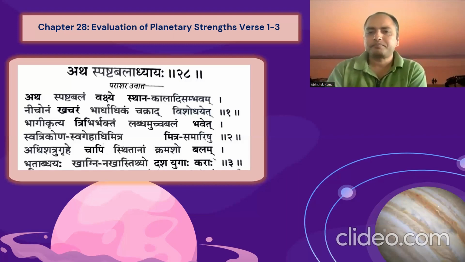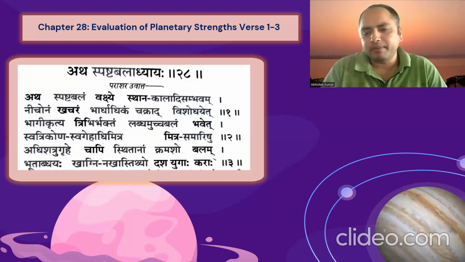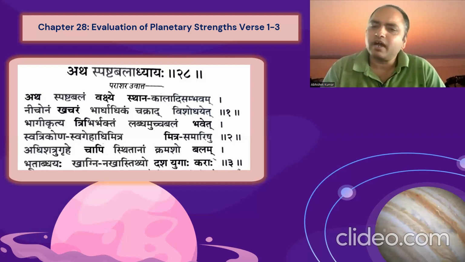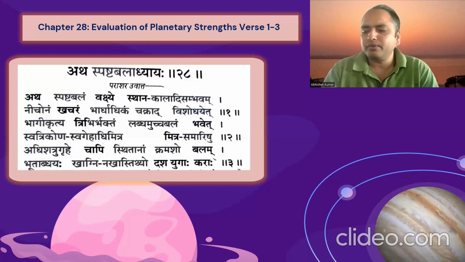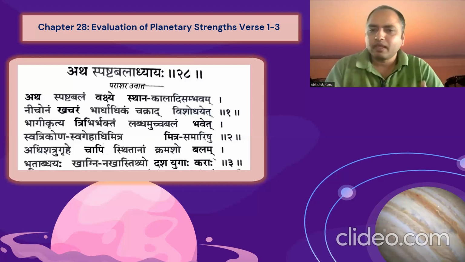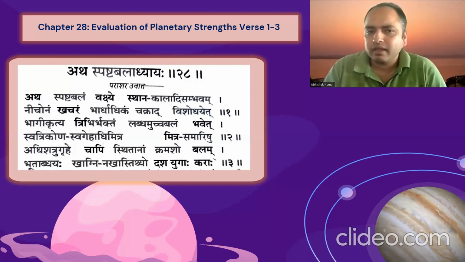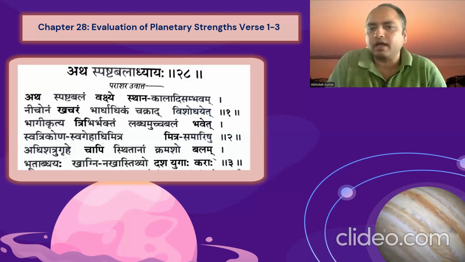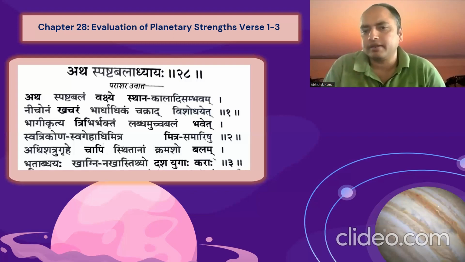Then the second type is Sapt Varga Bal. When Maharshi was revealing the Sodas Vargas, he came up with the systems: Sad Vargas, Sapt Vargas, Das Vargas, and Sodas Vargas. In the Sapt Vargas system, you have to check all the 7 Vargas for that particular planet, and then you get the average.